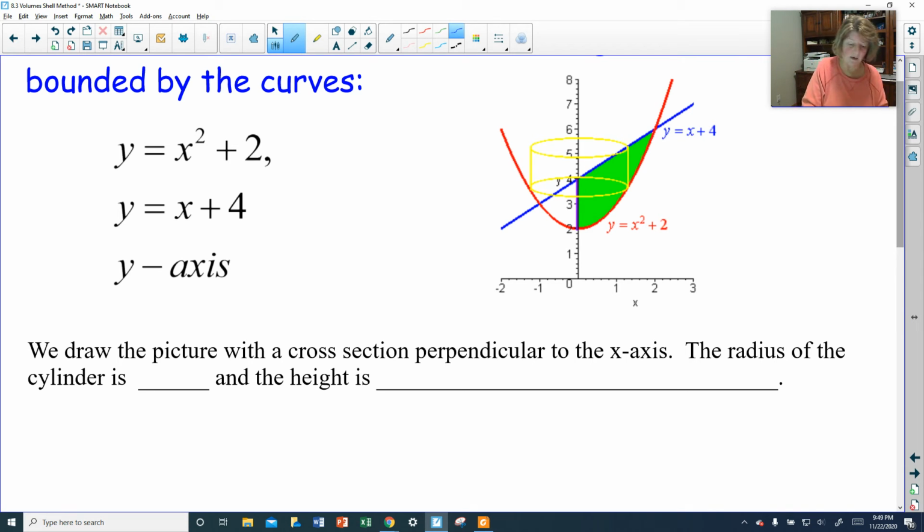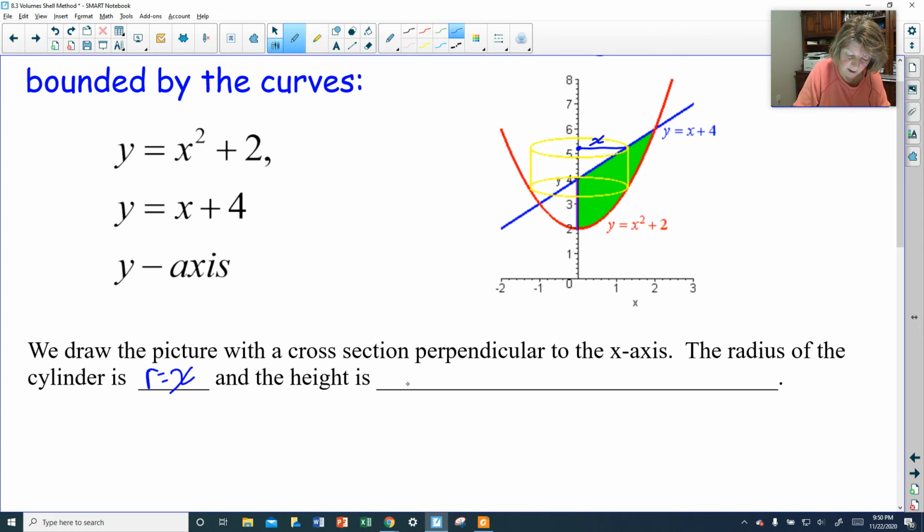The radius of the cylinder is going to be x once again, some horizontal distance measured by x, and the height is going to be our functions. I was going to put f minus g, but they weren't really labeled that. I'm going to say top minus bottom instead.